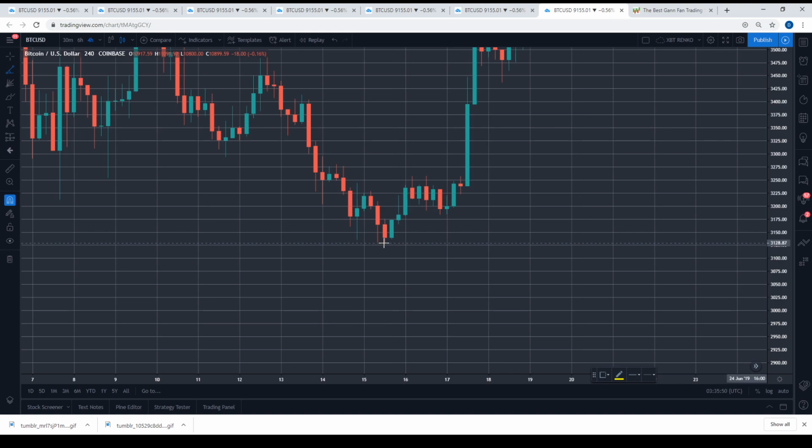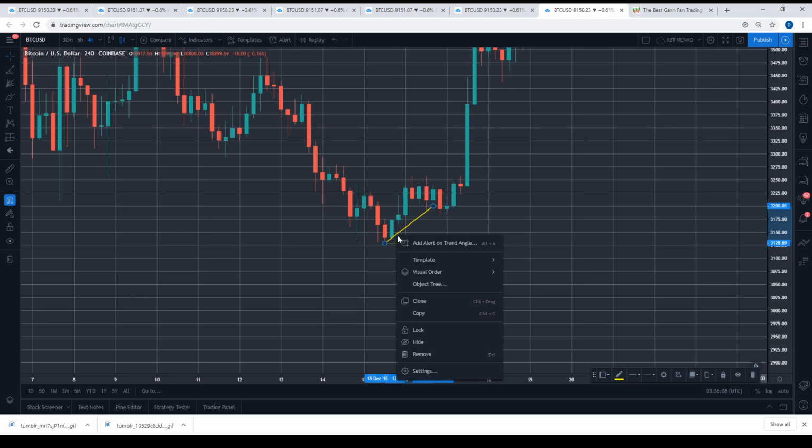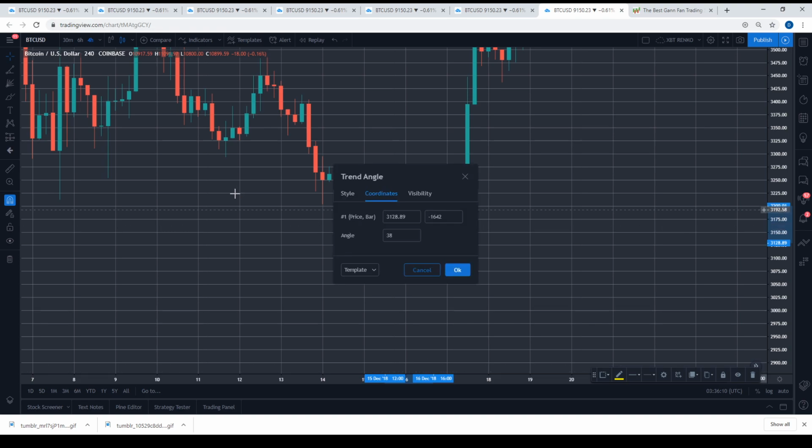Just about. Just want to make sure it's just about. Sure, I'll take it. 45. Let's say if you draw it there and you're not sure about it, you can right click on it and press settings. Okay, and coordinates, change it to 45.